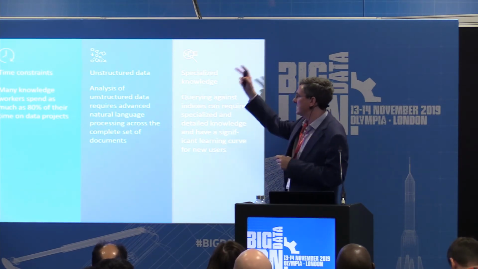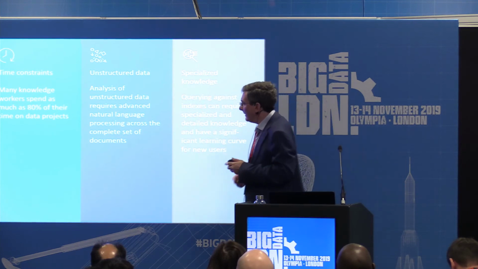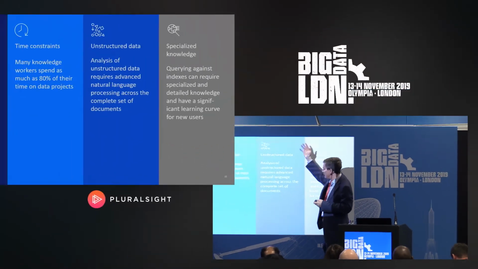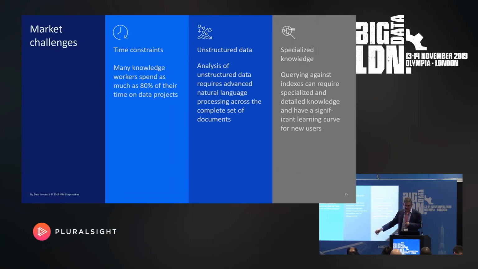Okay, so as it says here, if you want to make sense of that unstructured language data, you're going to need some pretty good natural language processing. Now, natural language processing is a really hard problem for a machine, so you're going to need some pretty good tools so that we, people who understand the business but aren't experts on AI and natural language processing, can make use of this stuff.